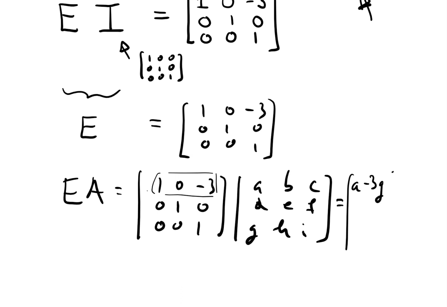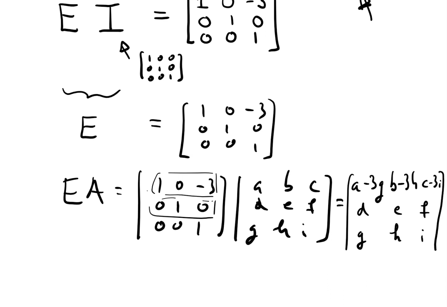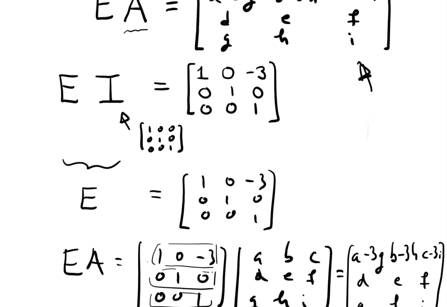After that, it's B minus 3H and C minus 3I. When I multiply the second row of E by every column of A, it's not too hard to see that I'm just going to get back the second row. And same goes for the third row: they're obtained by multiplying 0, 0, 1 by all the columns of A. And yes, we do get the exact same matrix.